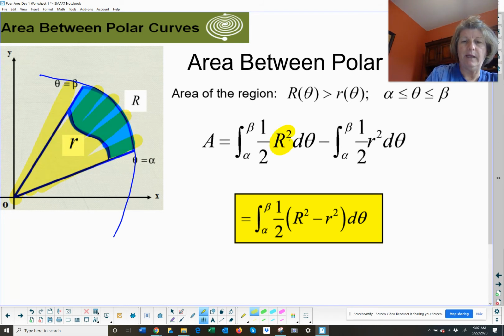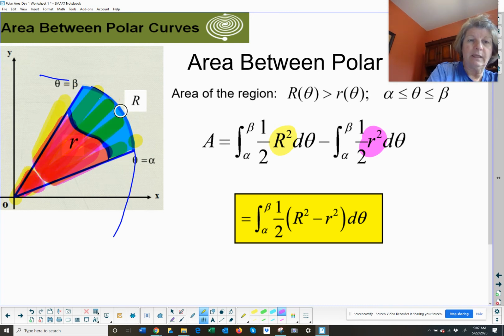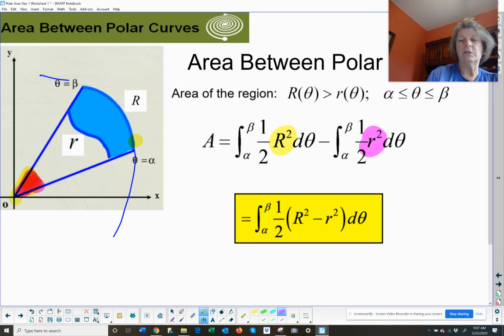That would be the big R squared. And then I could go after the area of this inner one, just going out to little r. That would be this calculation. And if I take the yellow minus the red, it'll leave me the blue. So this is one way you can calculate it.